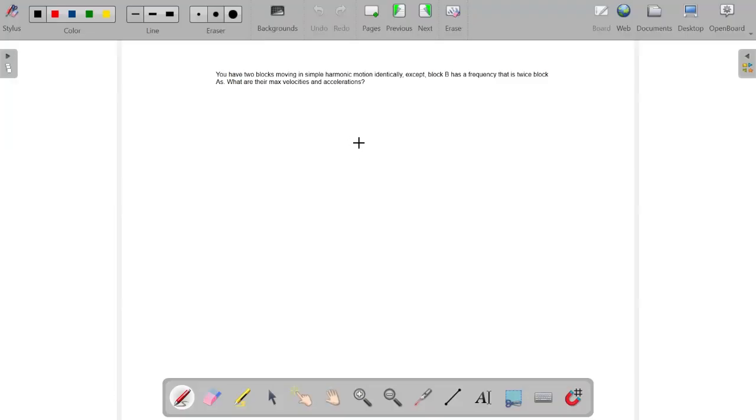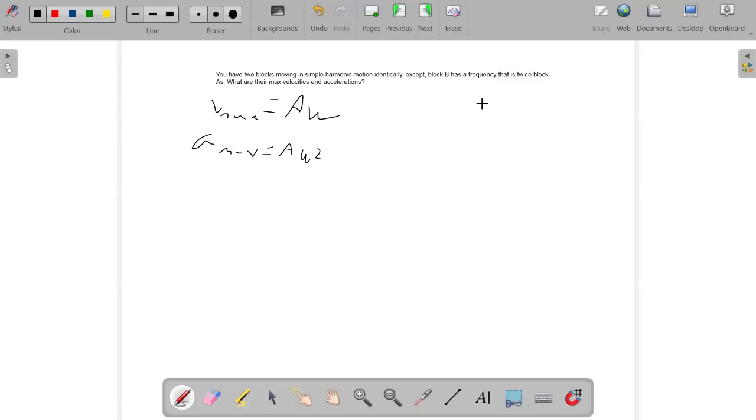Okay, so for this one, we need to remember that v max equals A omega, and a max equals A omega squared. How do we know this?